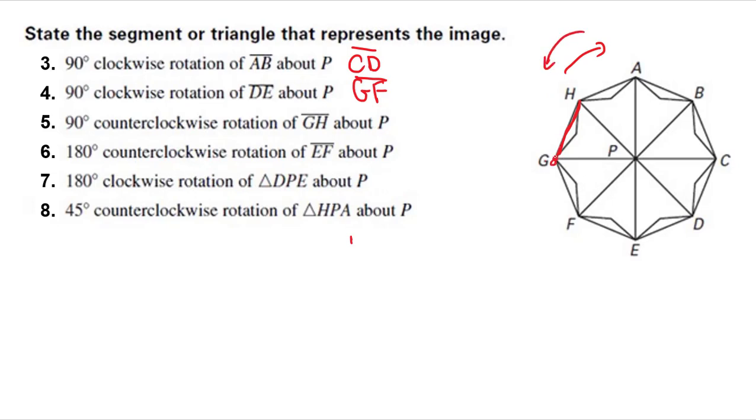So I start with G and I look at where my right angle is. G goes to E, H goes to F, so this is FE. Counterclockwise, going backwards from what we're used to, EF. So F rotating would get me to B, E rotating would get me to A.